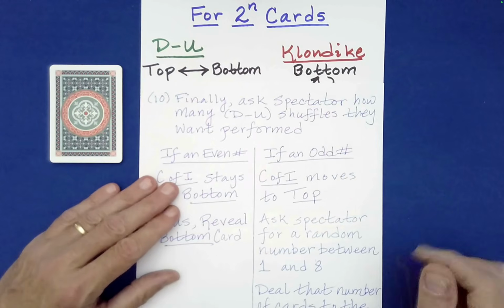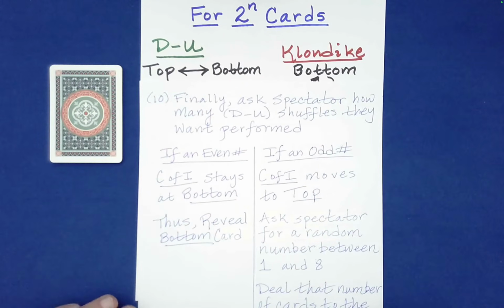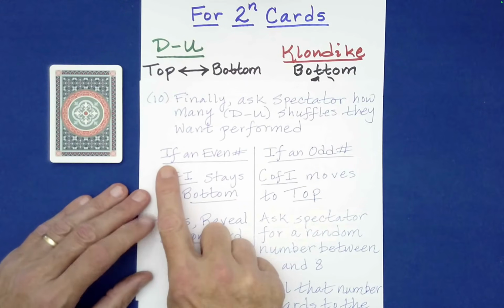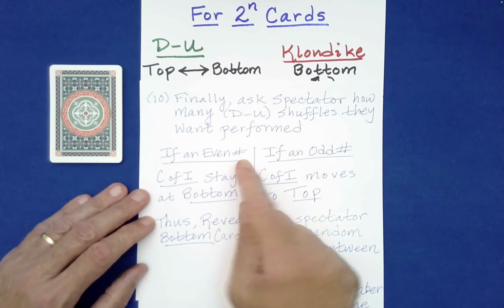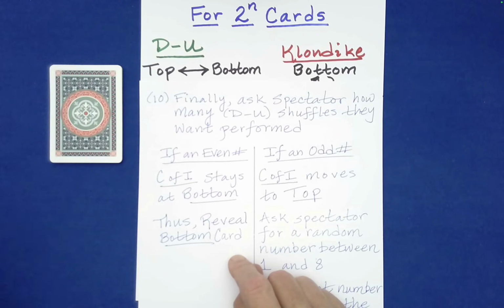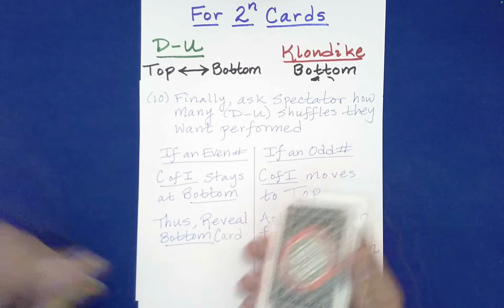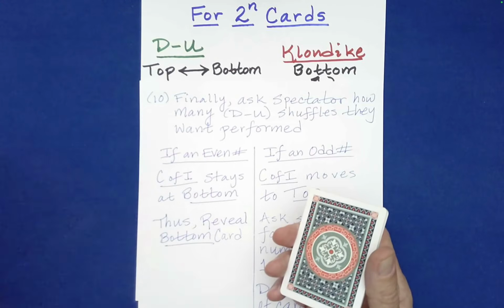So remember what happens with the bottom card after one down under. It moves to the top and it bounces back and forth. Okay, so I have a statement right here. If an even number of down unders are requested, the joker stays at the bottom. Okay, so you can just reveal it there, which is what I did. I think I assumed that you asked for 2 of these.